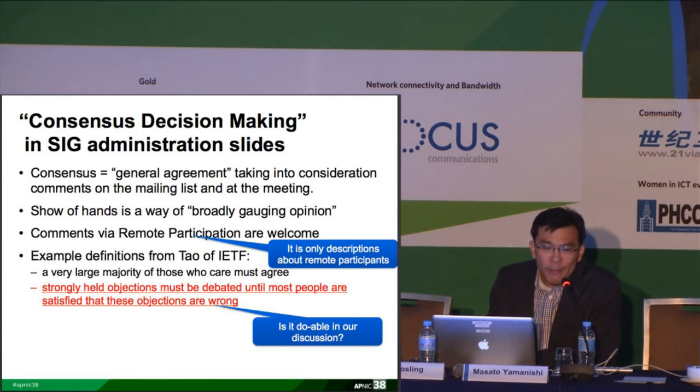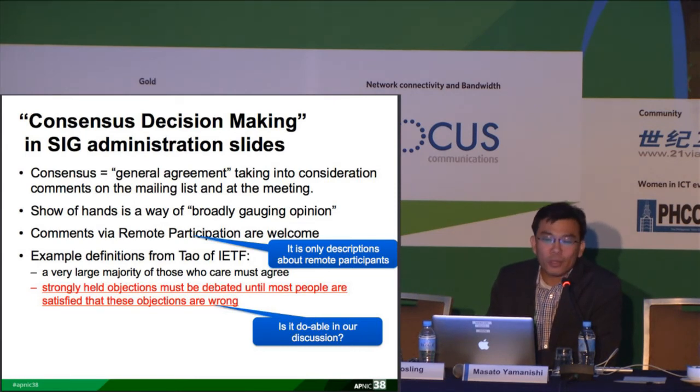Also, we picked up the IETF Tao as an example definition, but the second bullet item of this one says strongly held objections must be debated until most people are satisfied that these objections are wrong. I think this kind of debate can happen in IETF because they are technical discussions.